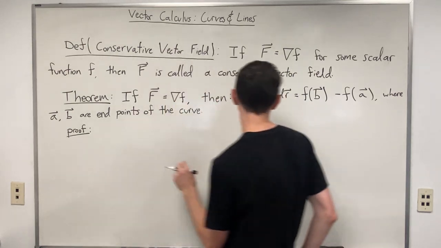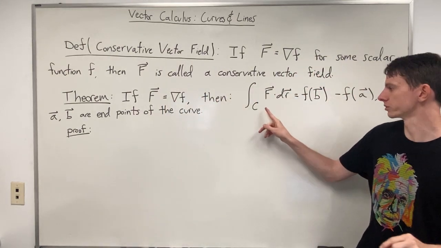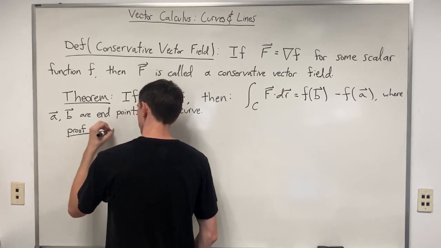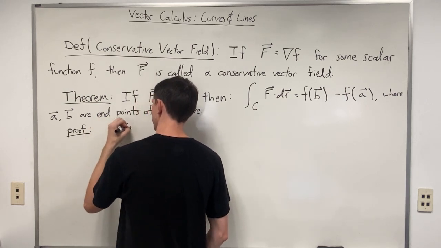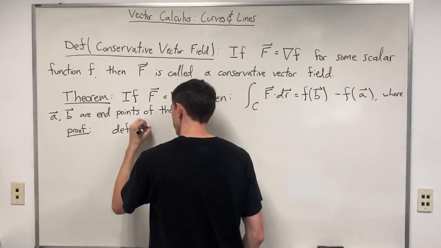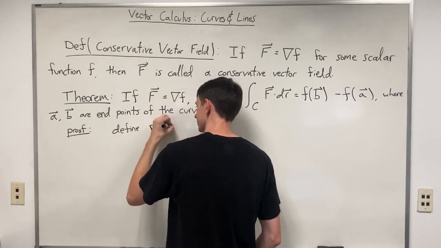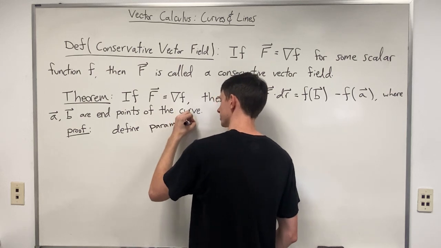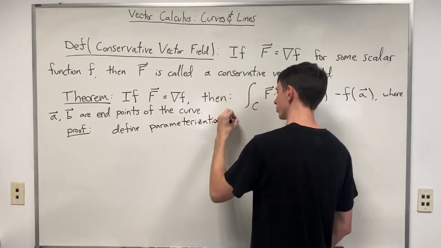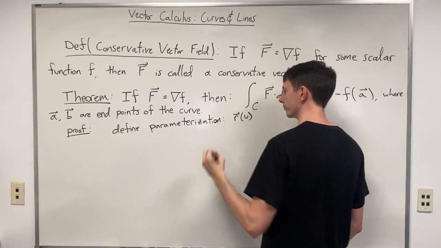If we have a line integral over some curve C, then let's define a parameterization for that curve. We talked about a couple videos ago that that's the first step in doing any of these things. So let's define a parameterization, and we'll just be general. We're going to call it R of U.